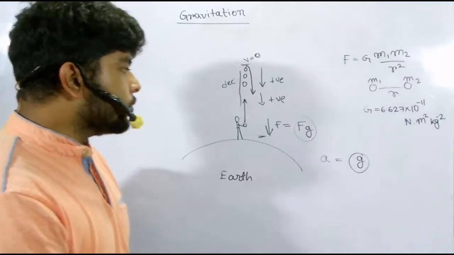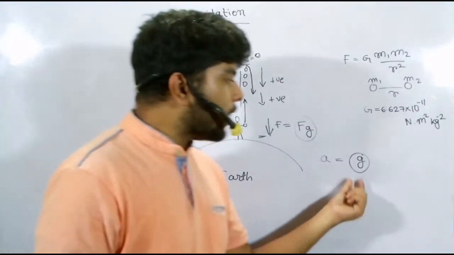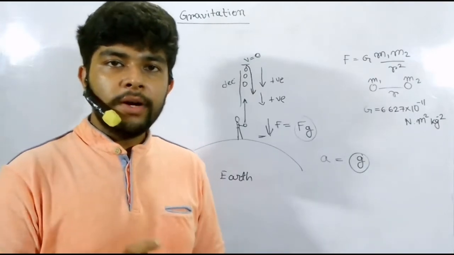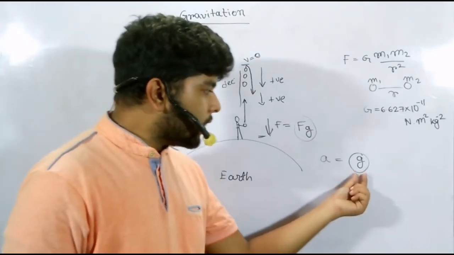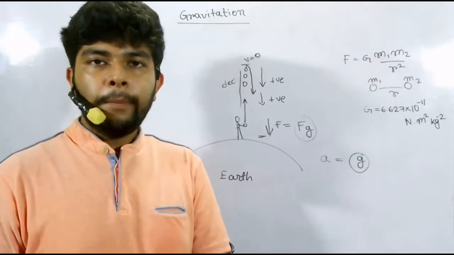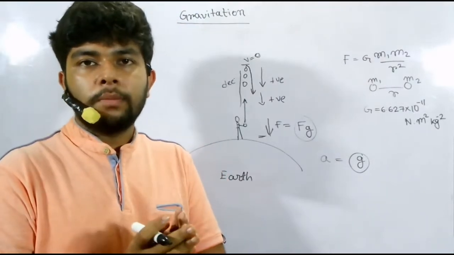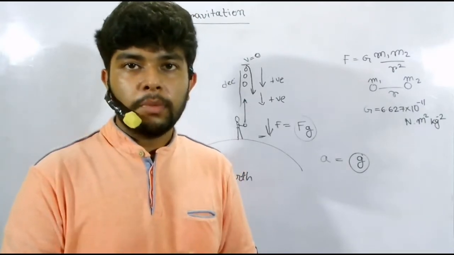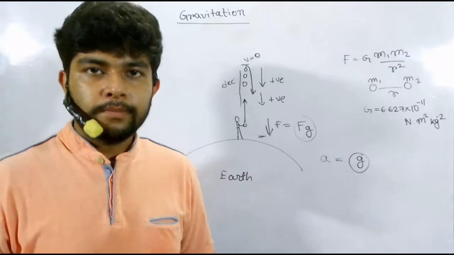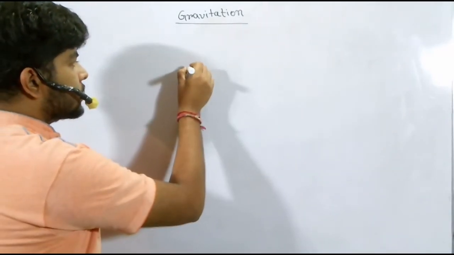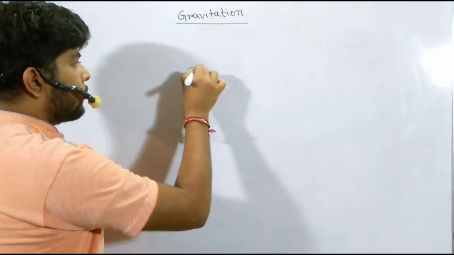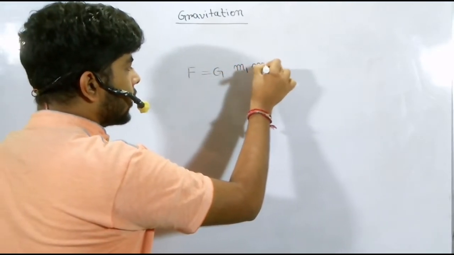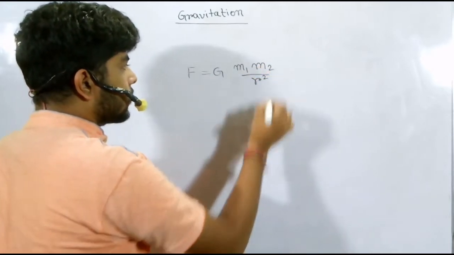Now we are going to calculate the value of the acceleration due to gravity. We have already learned that the acceleration due to gravity does not depend on the mass of the object. As you know, the universal law of gravitation is force equals G m1 m2 by r square.